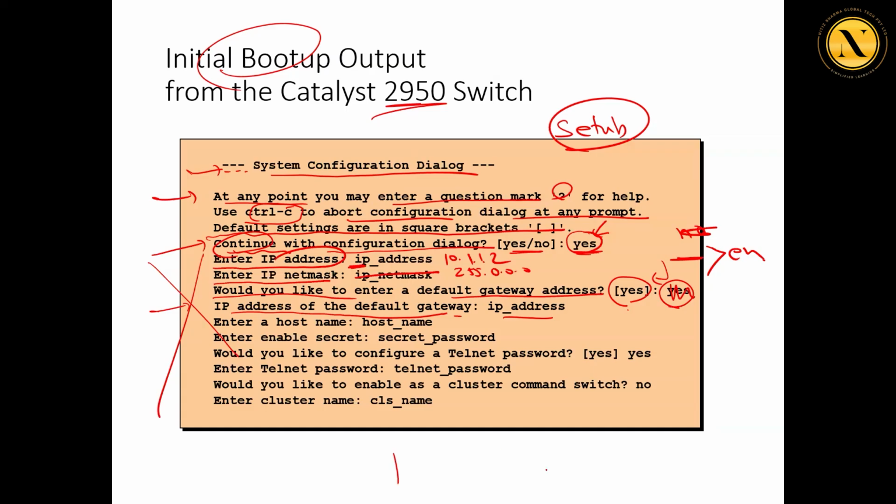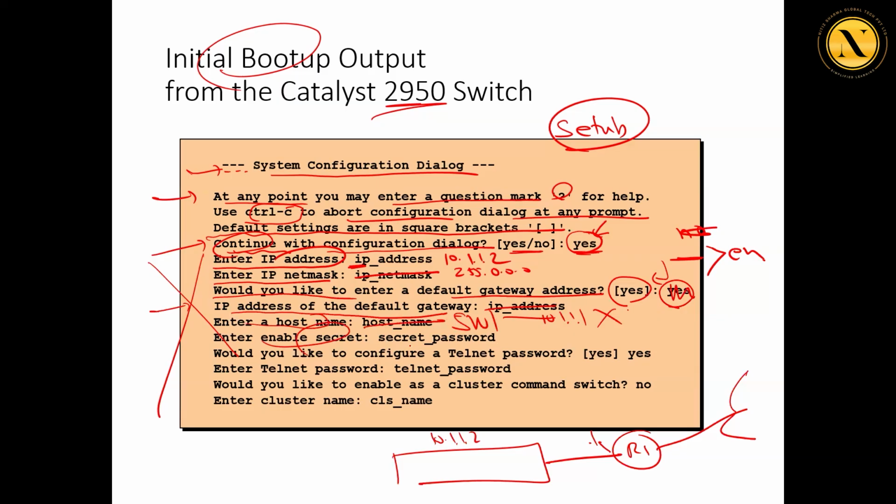Now it's asking you to give the IP address of the default gateway, right? So supposing this is my switch, I had given it 10.1.1.2 and I'm connected to R1. This is 10.1.1.1. This is connected to the internet. So here I am going to type 10.1.1.1, right? I don't have to type the subnet mask. Enter host name. So I can type here capital W1, whatever you want to give.